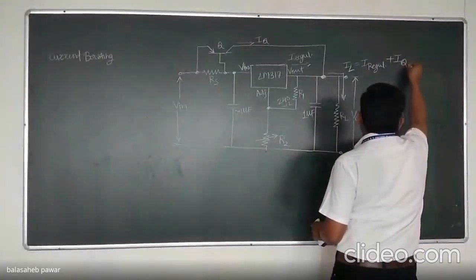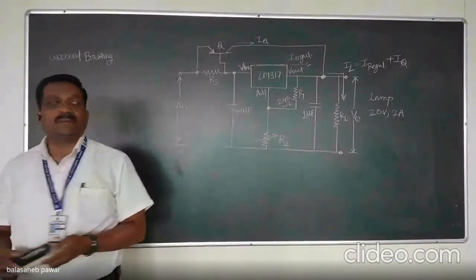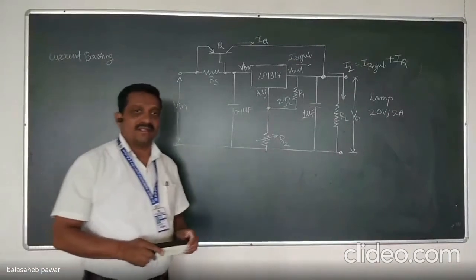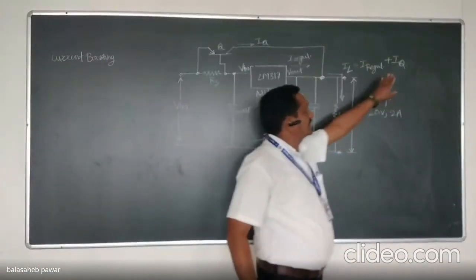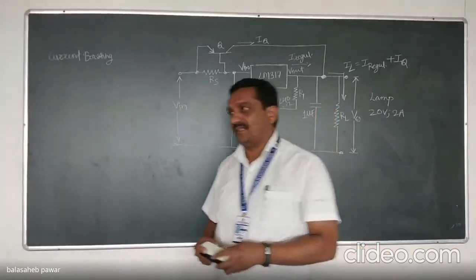Is it okay? IL equals to partially current coming from regulator IC and remaining current coming from transistor. Right now, is it okay?